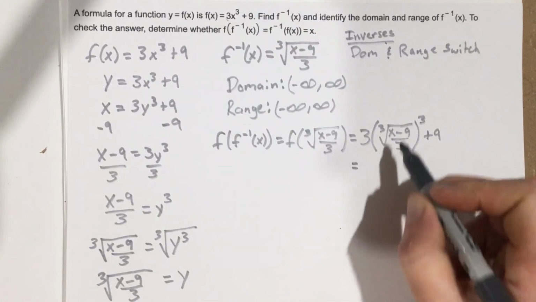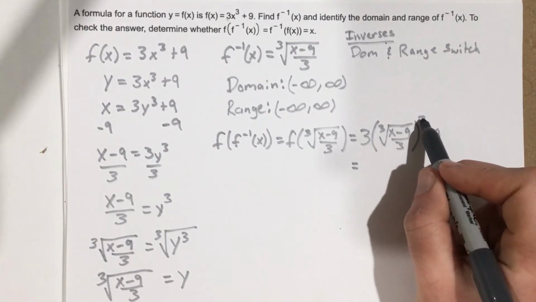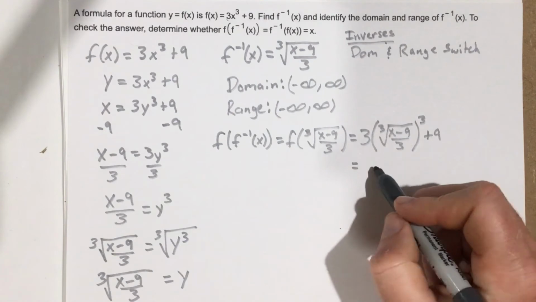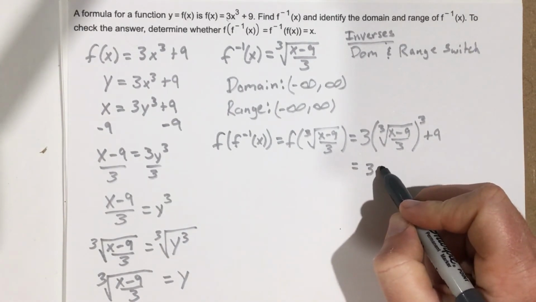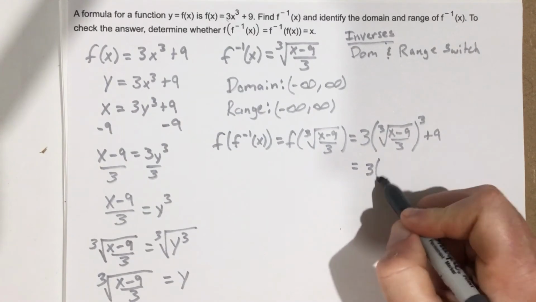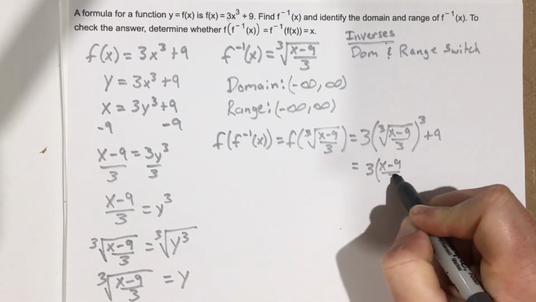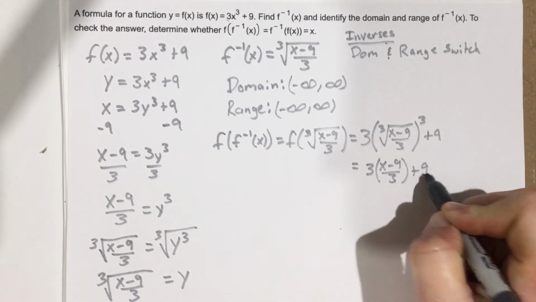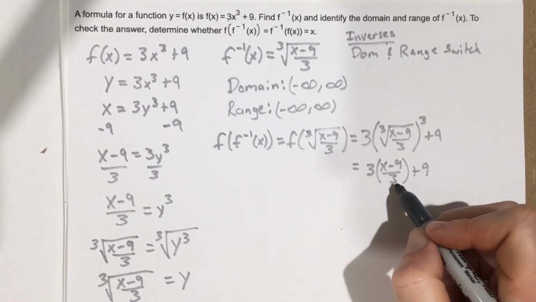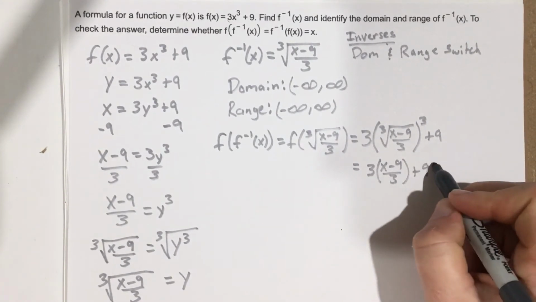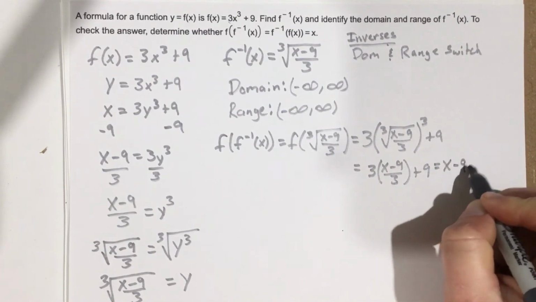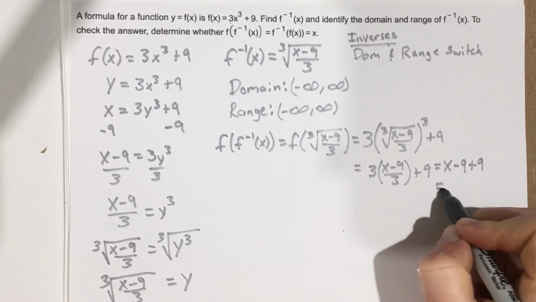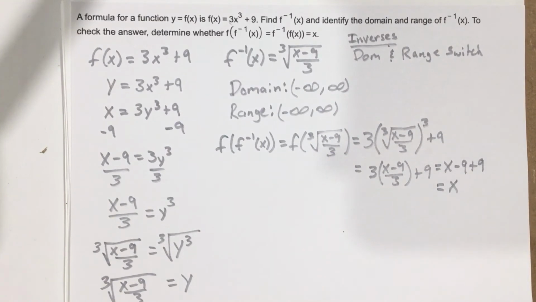The cube roots and the exponent cancel, so you're left with 3 times x minus 9 over 3 plus 9. The 3's cancel, so you're left with x minus 9 plus 9, which equals x, which is what we were looking for.